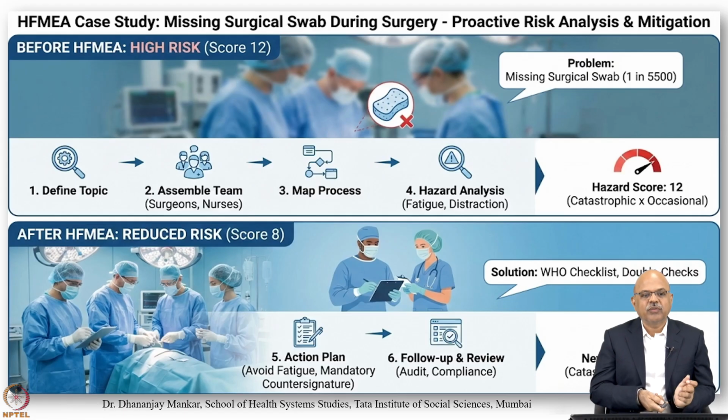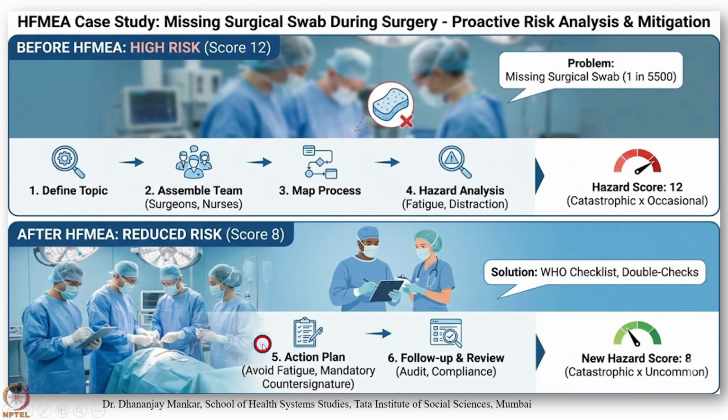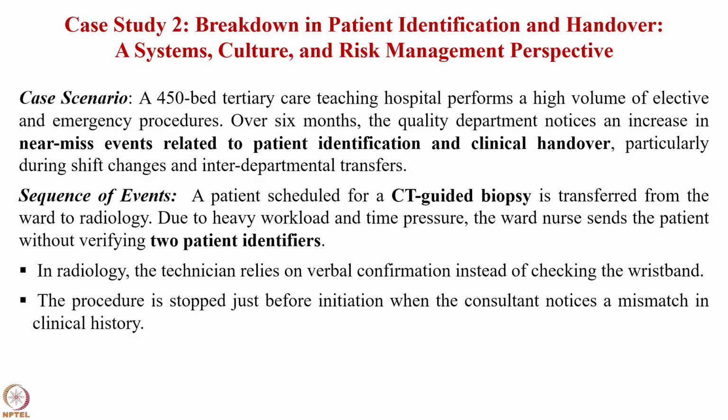After the HFMEA in this case study, the score has reduced to 8, because they made an action plan which avoids fatigue and includes mandatory countersignature at the OT register, and the OT person is given responsibility as a manager. Follow-up is done, with audit and compliance, and the new hazard score is reduced to 8, which is more aligned to the WHO checklist and the double checks that have been followed.